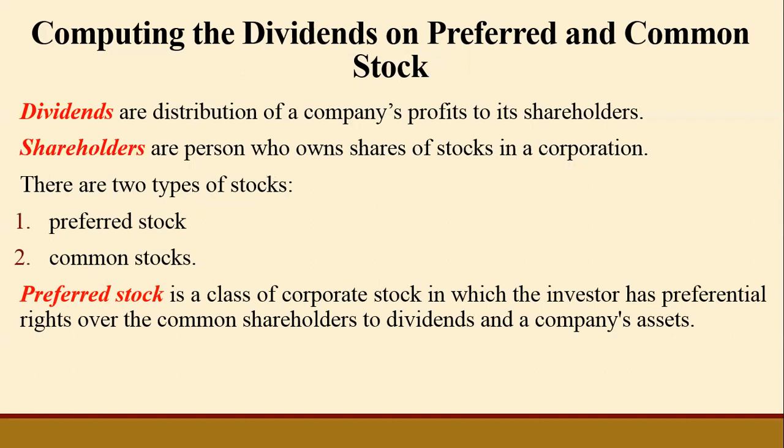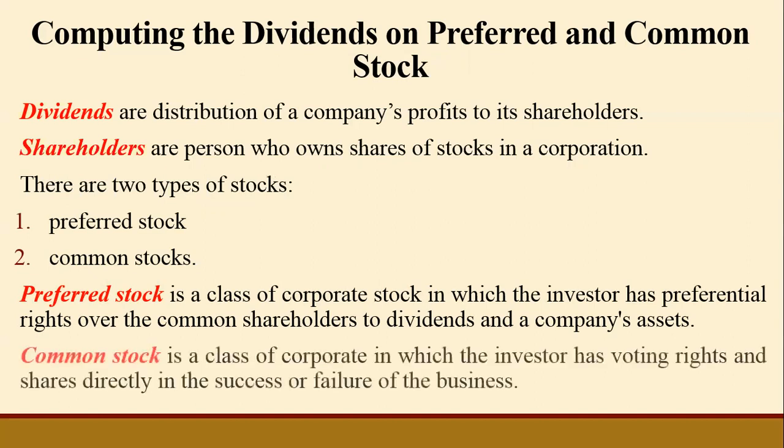On the other hand, common stock is a class of corporate stock in which the investor has voting rights and shares directly in the success or failure of the business. With common stocks, you have the right to vote.